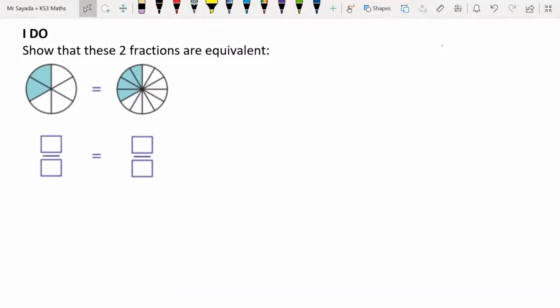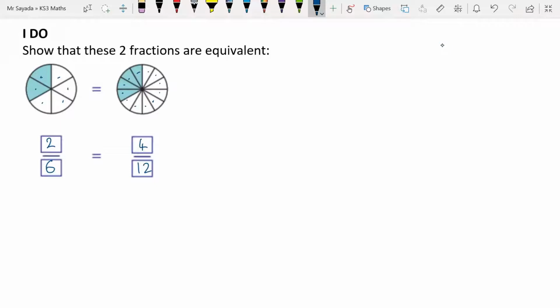I'm now going to do this example. This is a bit different in that we first need to write down what the fractions are. This circle has been split into 6 equal parts, so that goes on the denominator, and 2 of them are shaded. This has been split into 5, 6, 7, 8, 9, 10, 11, 12 equal parts, and 4 of them are shaded.